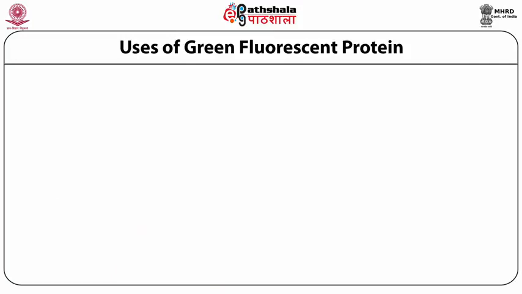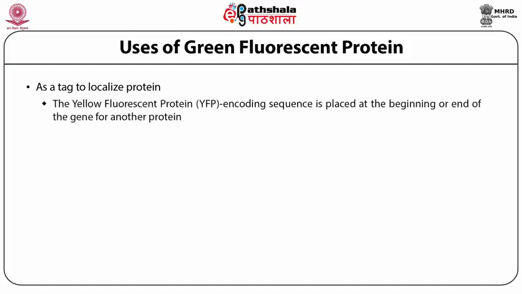Besides using GFP protein to visualize the activity of a promoter or gene expression, we can also use this protein to tag another native protein to localize where this protein is being targeted in the cell. You can see here, any promoter can be used to activate this gene.